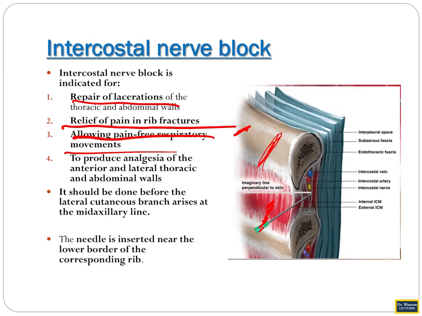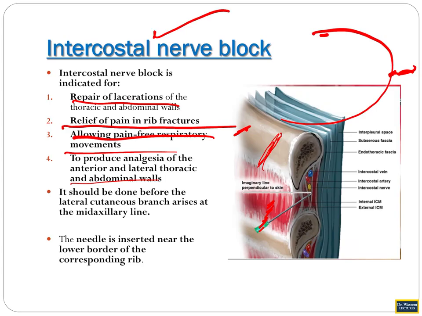repair of the lateral or abdominal wall. If you want to produce analgesia in the anterolateral thoracic and abdominal walls, the intercostal nerves should be blocked. And blocking them means you should put the anesthetic solution before the lateral cutaneous nerve comes out.